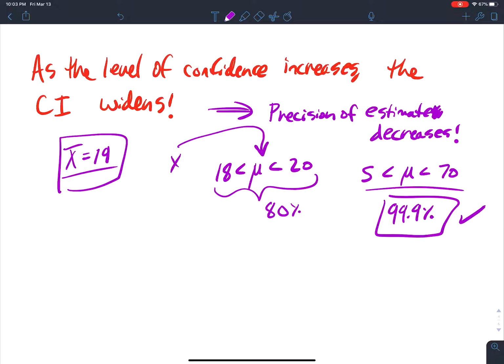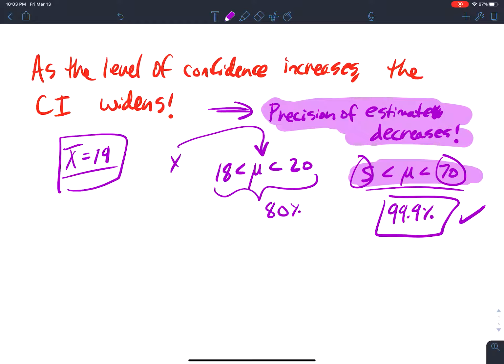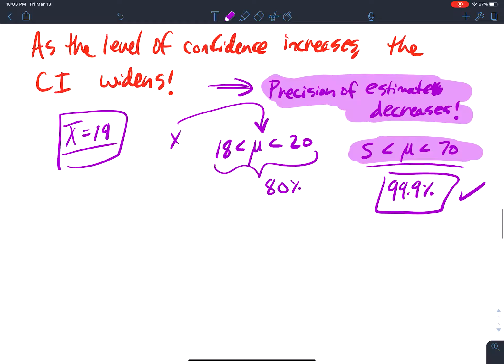But what good does it do me to say that the average is between 5 years old and 70 years old? I could know nothing, and I could know that, right? So the precision, how close I am to the actual true mean, is terrible. Golly, I don't even know anything about statistics to make that kind of guess. Okay? So how do we fix this?